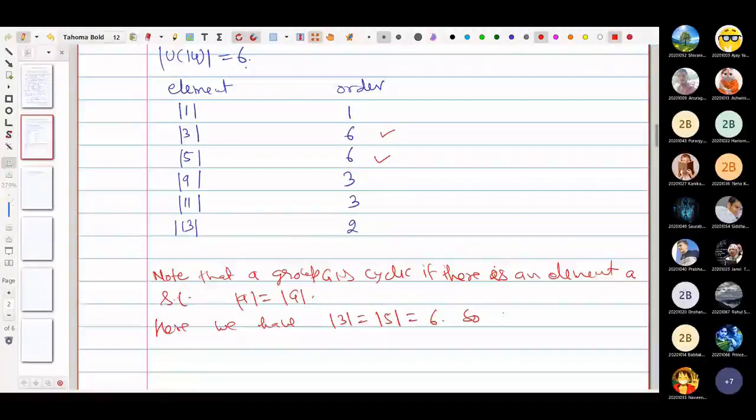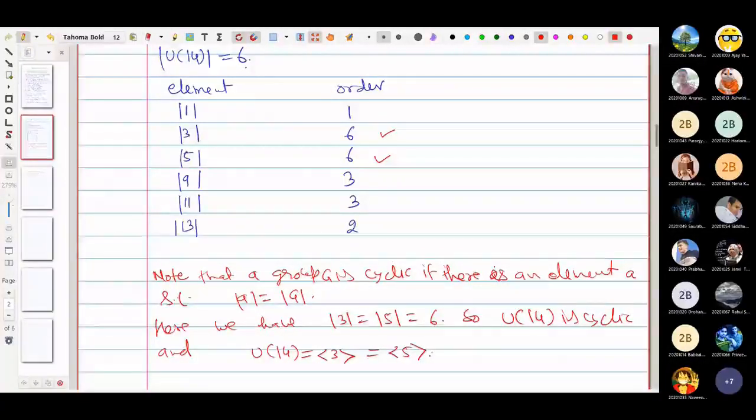So U14 is cyclic, and U14 is generated by 3 and 5 as well.